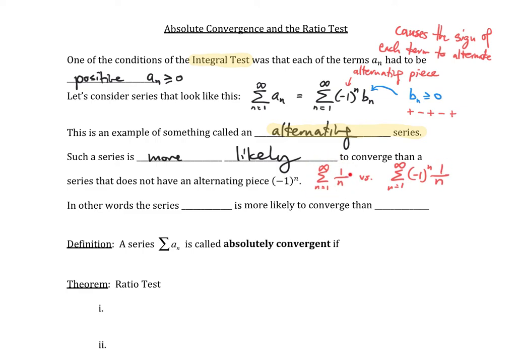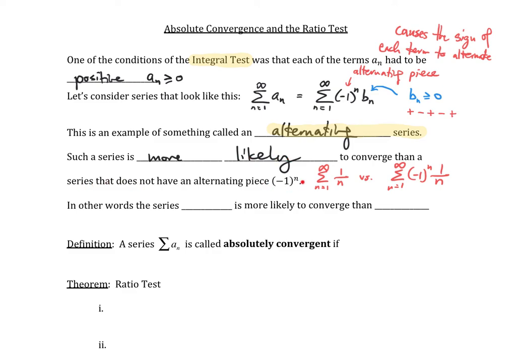The reason is that if all the terms are positive, you're worried about this exploding off to infinity. You keep adding numbers that make it bigger and bigger. But when you have the alternating piece, half the time you're subtracting a number, and the other half of the time you're adding a number. So I think that increases the chances of your series converging.